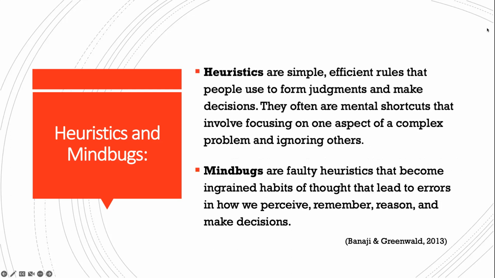I want to revisit this idea of heuristics in psychology, which I think of as mental shortcuts that we all take, or rules that people use to form judgments and make decisions. They typically reduce really complex problems down to something pretty simple, and once again, often operate outside of awareness.